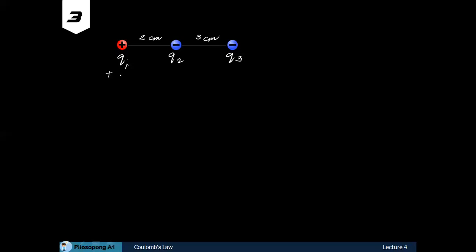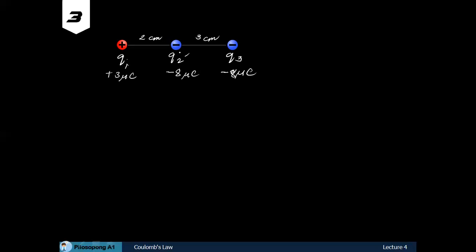Q1 has a positive 3 microcoulomb charge. Q2 is negative 8 microcoulomb, and you have another negative 8 microcoulomb. So the question is, calculate the net force acting on Q2 due to Q1 and Q3. So let us see.